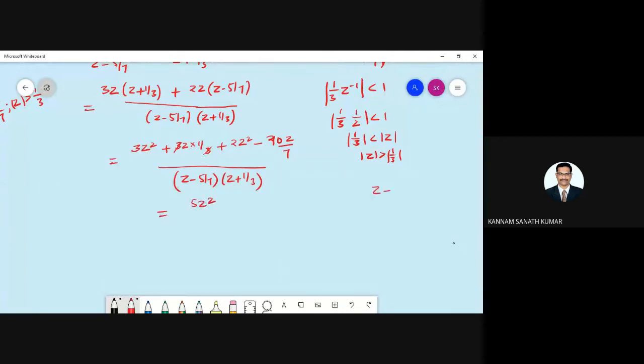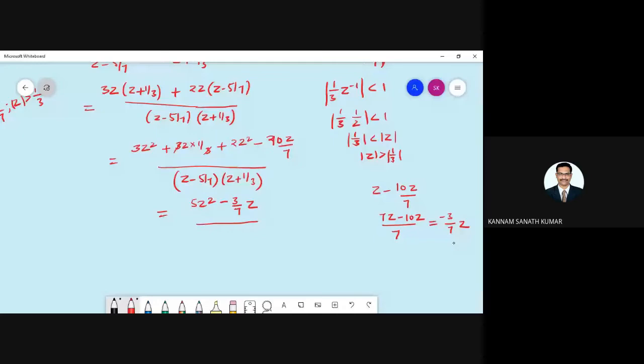So here z minus 10z by 7. So what is the LCM? 7. 7z minus 10z. So what you are getting? Minus 3 by 7 z, divided by z minus 5 by 7 into z plus 1 by 3.